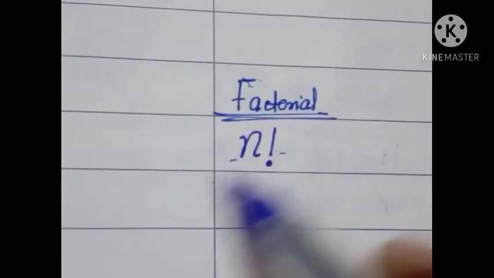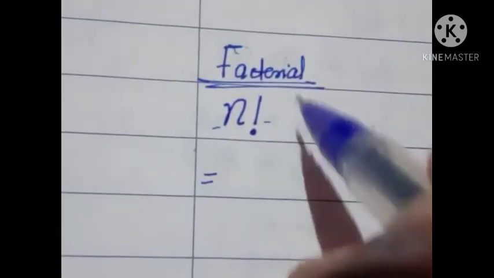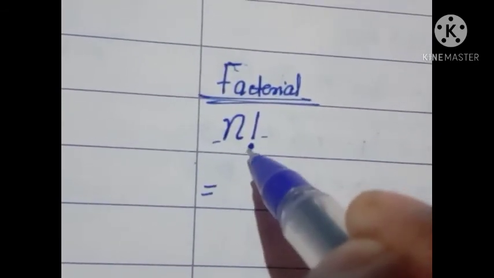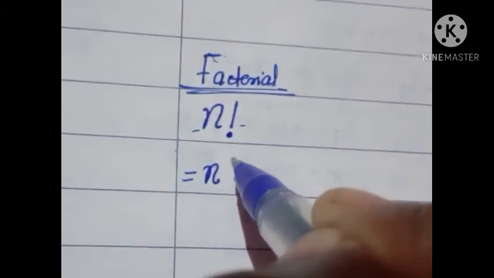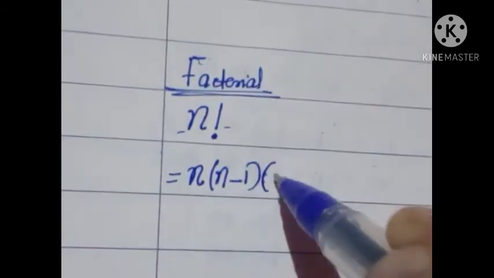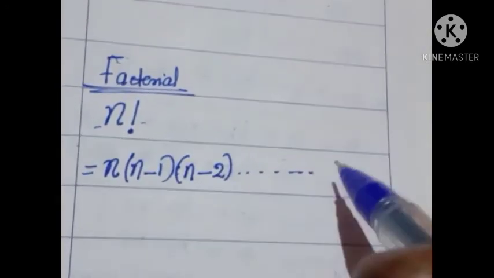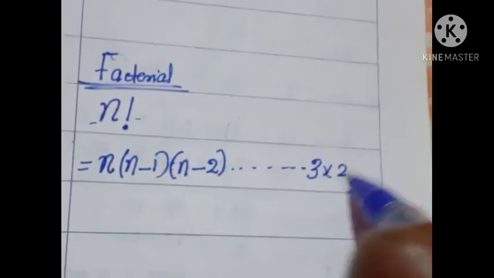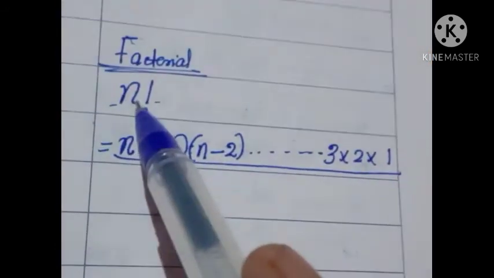And n factorial. This is a notation, and actually this is the product of natural numbers starting with n and decreasing by 1: n minus 1, n minus 2, ending at 3 into 2 into 1. So this is factorial.